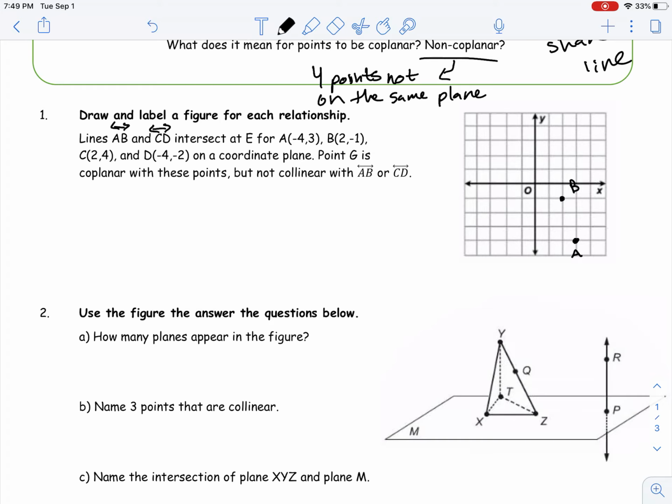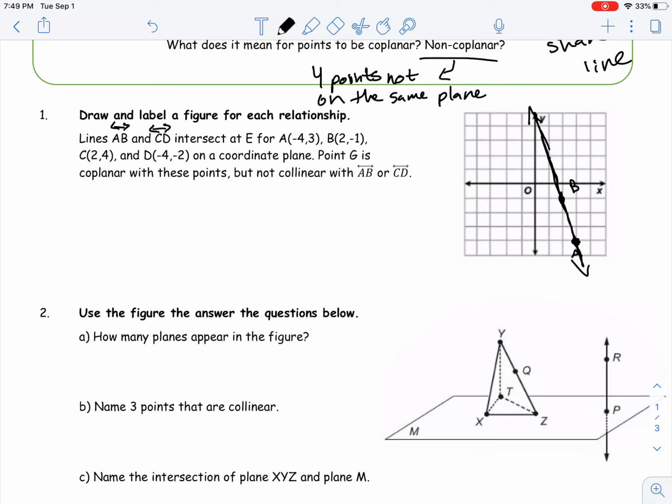So I'll go right there instead. A and B will look something like this. If I wanted to maintain this line, I can see my slope. It would go through these points right there. I'm not going to get into slopes right now, and I can't do a very good job of drawing this on an iPad, but I'm trying my best. That looks like our AB line.